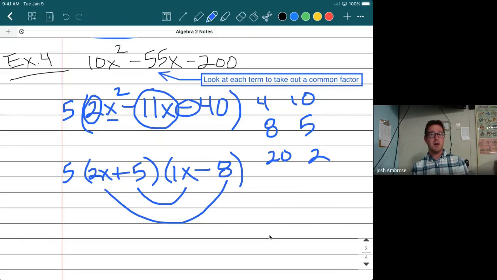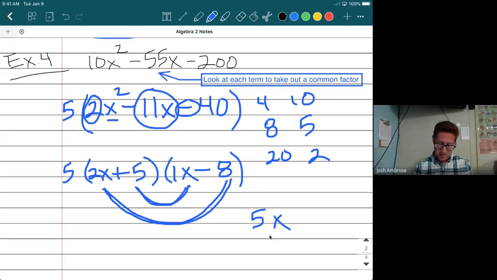Now let's check our work. Is it in the right spot? The 5 connects to the 1x, right? What is 5 times 1x? It is 5x. You'll see how the 2x connects over here to a negative 8. Make sure you see that. There's a negative sign in front of the 8.